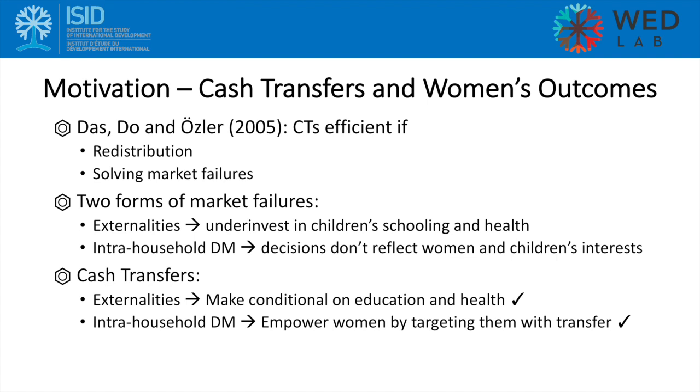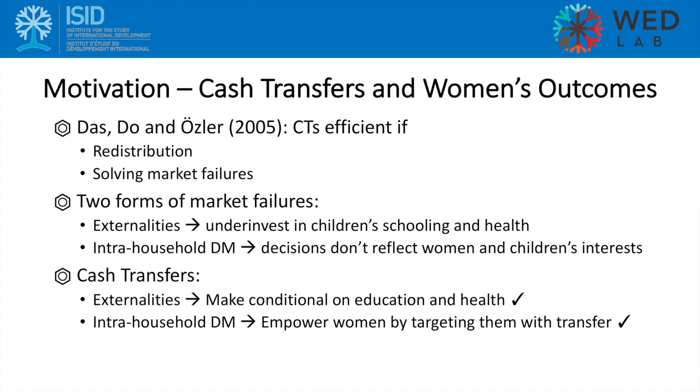That's one issue. The other issue is around intra-household decision-making, DM, decision-making. The idea here is that a household makes decisions over how to allocate resources across different types of goods. And the question is, who's making that decision within the household? Is it true that the parents are always making the best decision for the children?